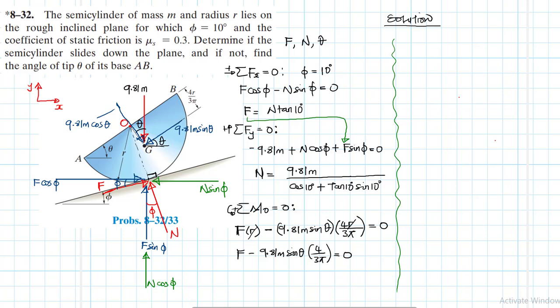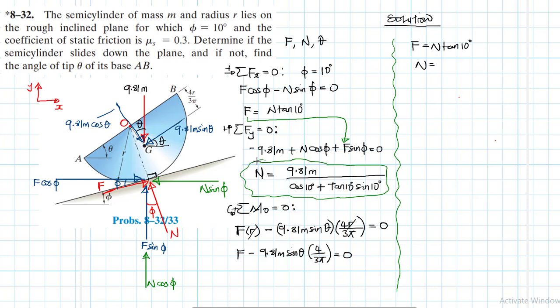All right, so F, we already know what it is. We said F is equal to n tan 10 degrees, and our n, let's calculate what n is from this equation here.